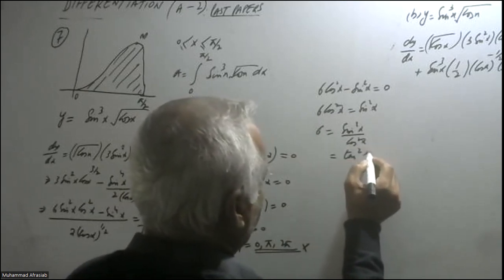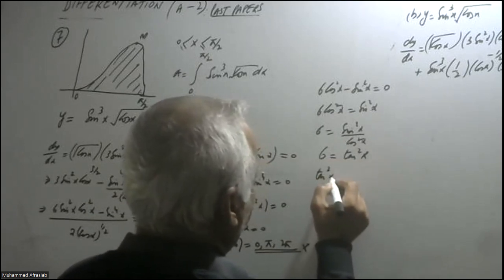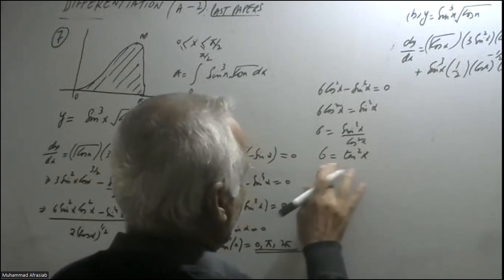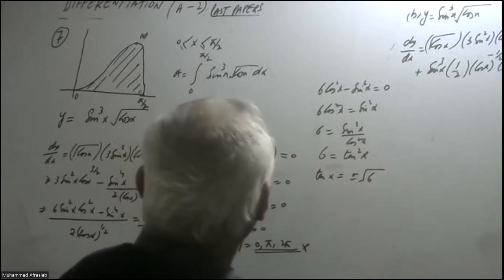That thing is equal to tangent square of x is equal to 6. Tangent of x will be equal to plus minus square root of 6.